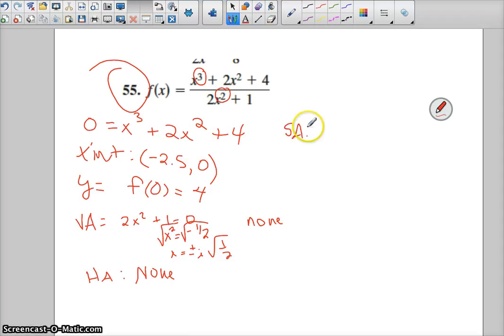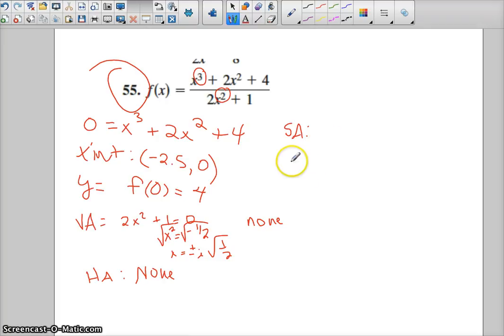To find that slant asymptote, we will divide the numerator by the denominator. And recall, when we divide a degree 3 by a degree 2, that will reduce this to a degree 1 polynomial. Recall that degree 1 polynomials are linear, and a slant asymptote is linear. So let's do that division now.